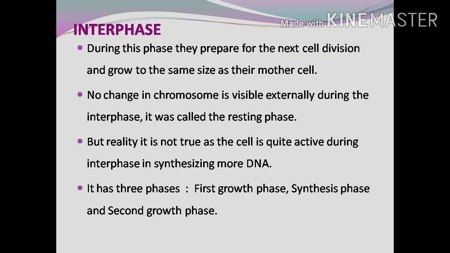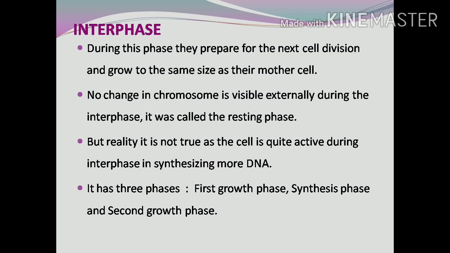Since no change in chromosomes is visible externally during interphase, formerly it was called the resting phase of the cell. But in reality, it is not true, as the cell is quite active during interphase in synthesizing more DNA.